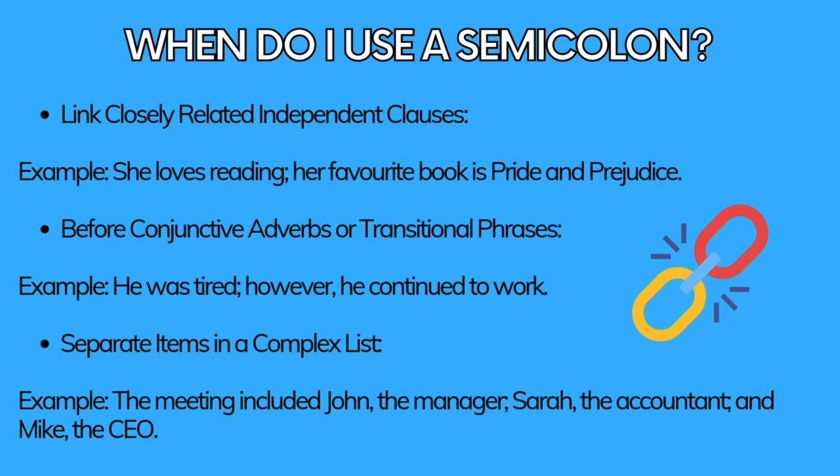Here the commas are already doing the job of adding extra information about each of the people going to the meeting. So using the commas also for separating the items in the list is going to make the sentence confusing. So we use semicolons instead to ensure that items are separated. The semicolons separate each item, and this prevents confusion caused by the additional commas.